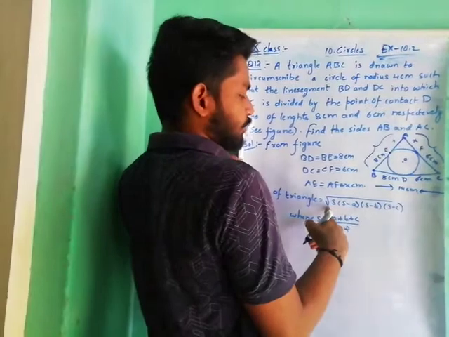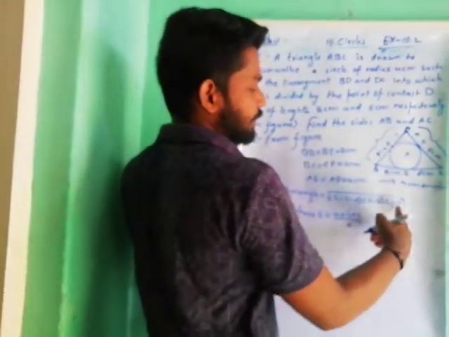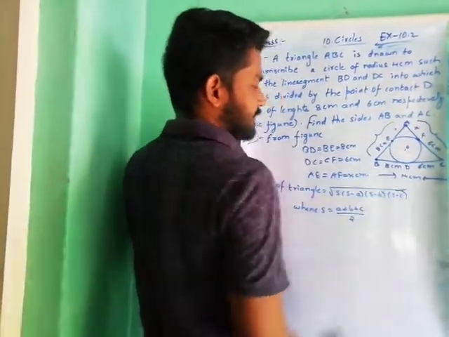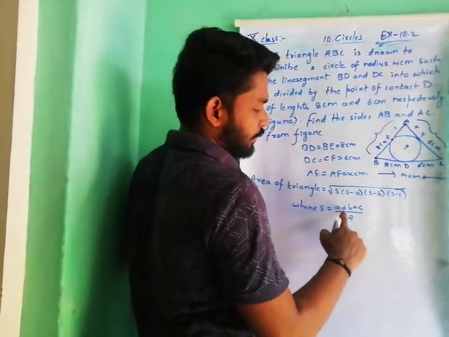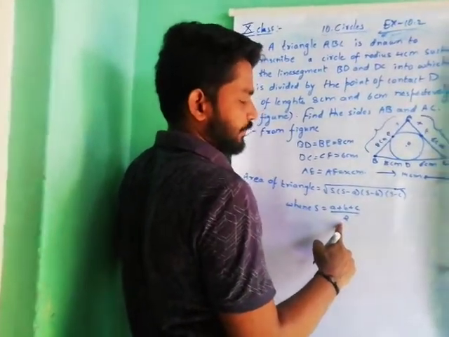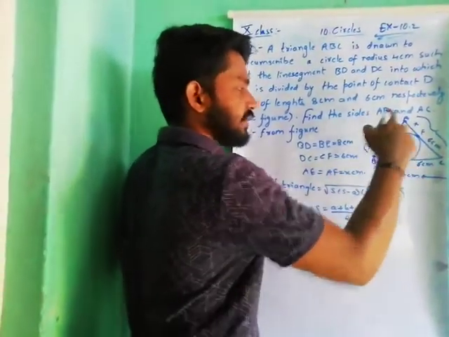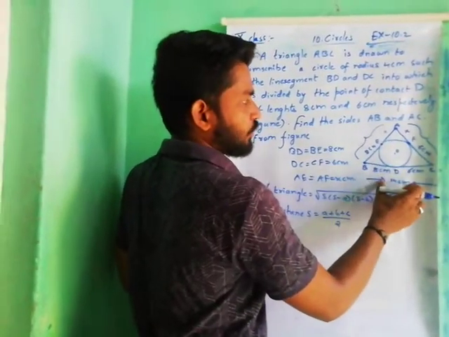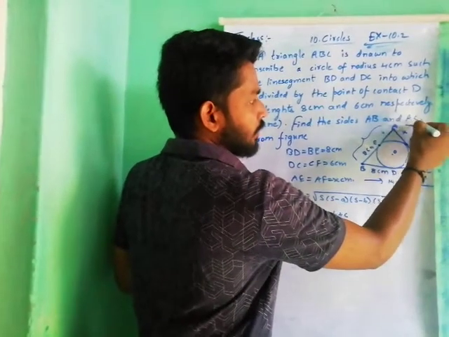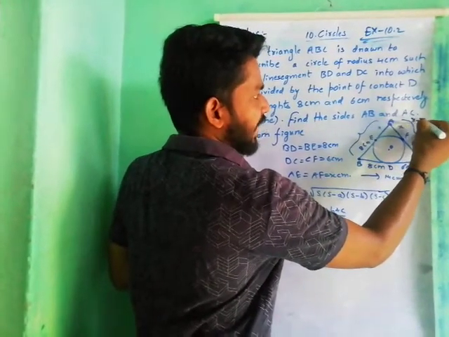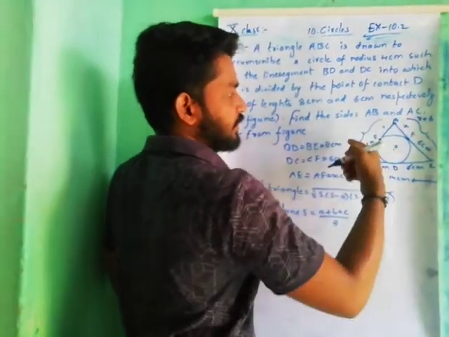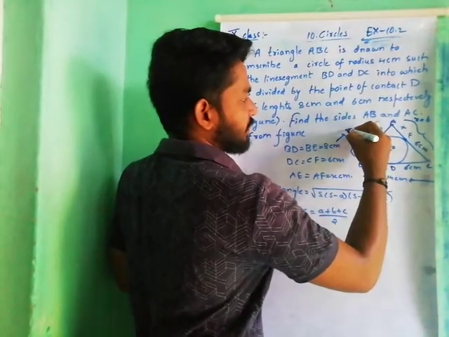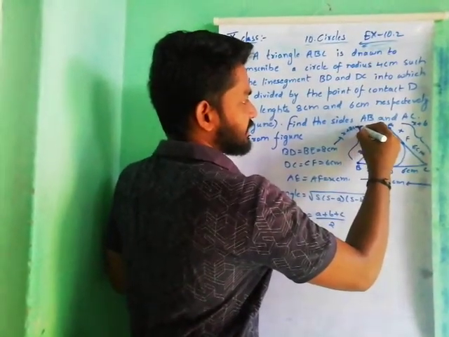That formula is root of s into s minus a into s minus b into s minus c, where s is equal to a plus b plus c by 2. a, b, c are the three sides of a triangle. Here the a value is, this total side length is 14 centimeters, this total side length is x plus 6 centimeters, and this total side length is x plus 8 centimeters.